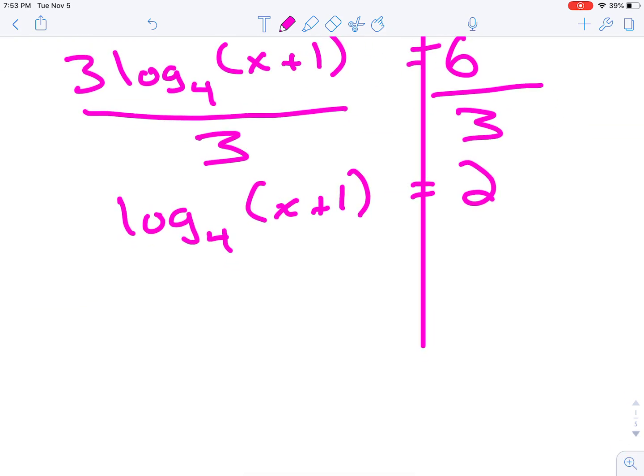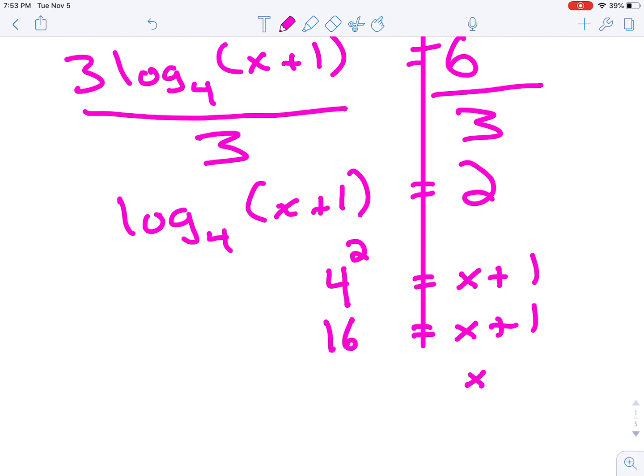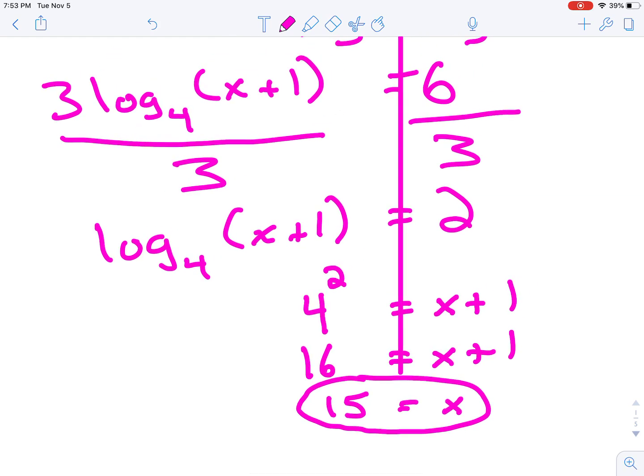So I need to write this logarithm as an exponential. So I'm going to take the base number of 4, the exponent of 2, and that needs to equal the answer of x plus 1. And then I'm going to have that, and once I subtract 1 from both sides, I have the answer. Okay?